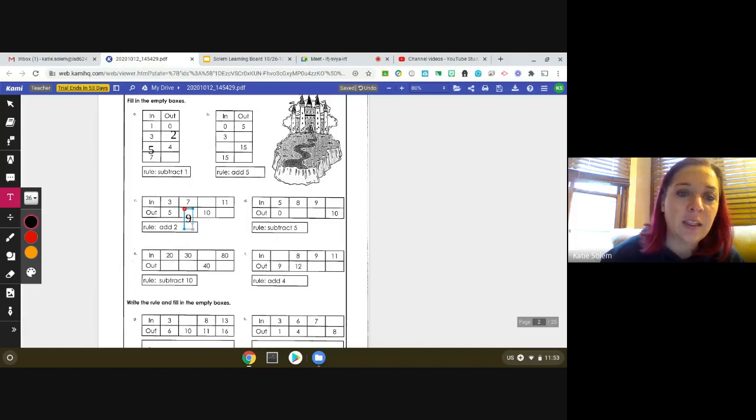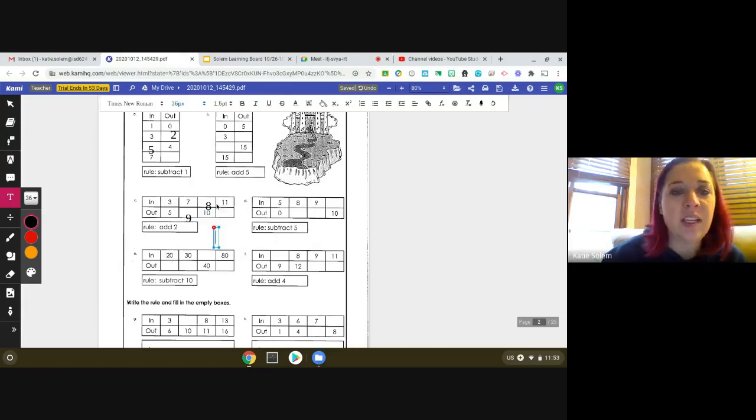Well, if 10 came out, we would have to do the opposite here. So we'd have to do minus 2, which would get us 8. Let's see if that makes sense. 8 plus 2 equals 10. That's where a lot of kids get mixed up, is when they have to go in reverse. So in and out boxes can either be vertical or horizontal.